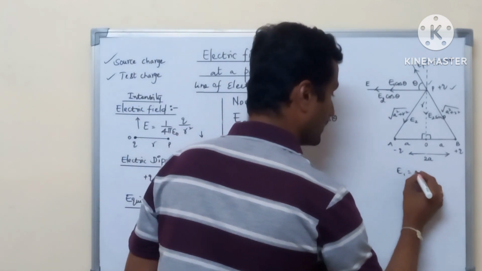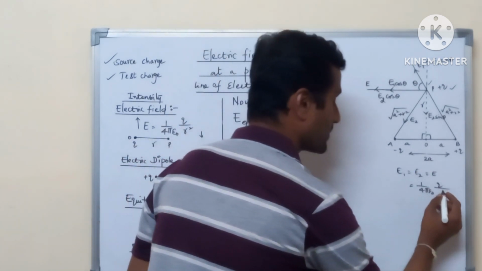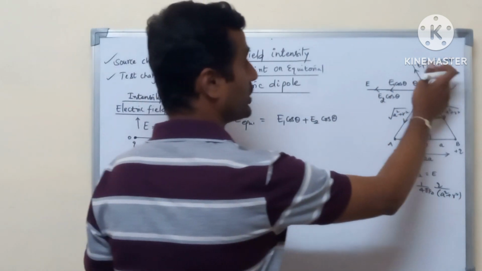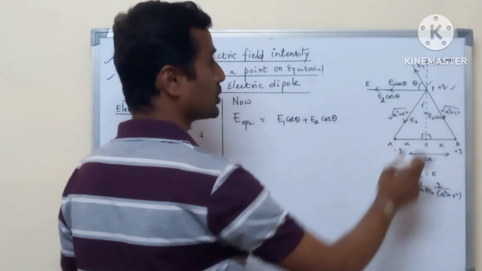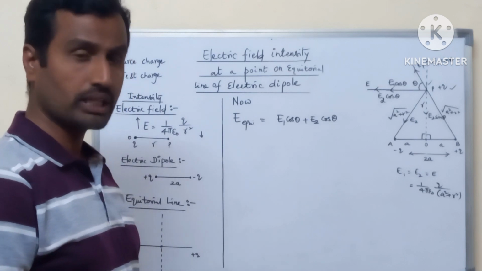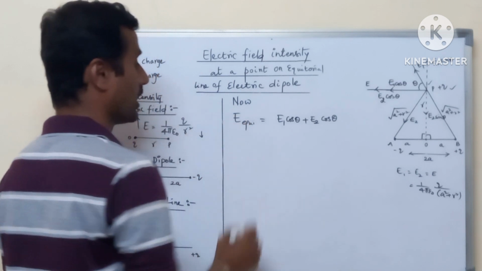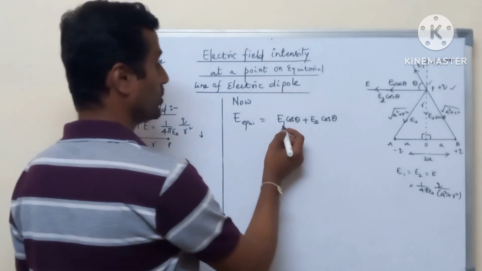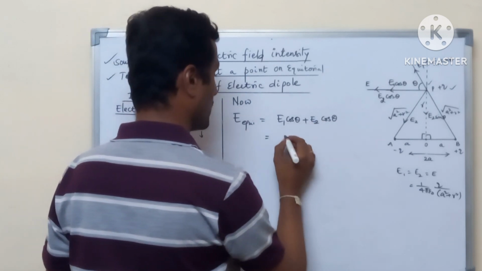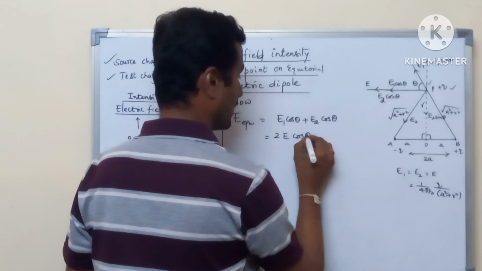These two components are equal and act in opposite directions, so they cancel out. So the electric field along the equatorial line is equal to E1 cos theta plus E2 cos theta. We know E1 is equal to E2, so we can write this as 2E cos theta.